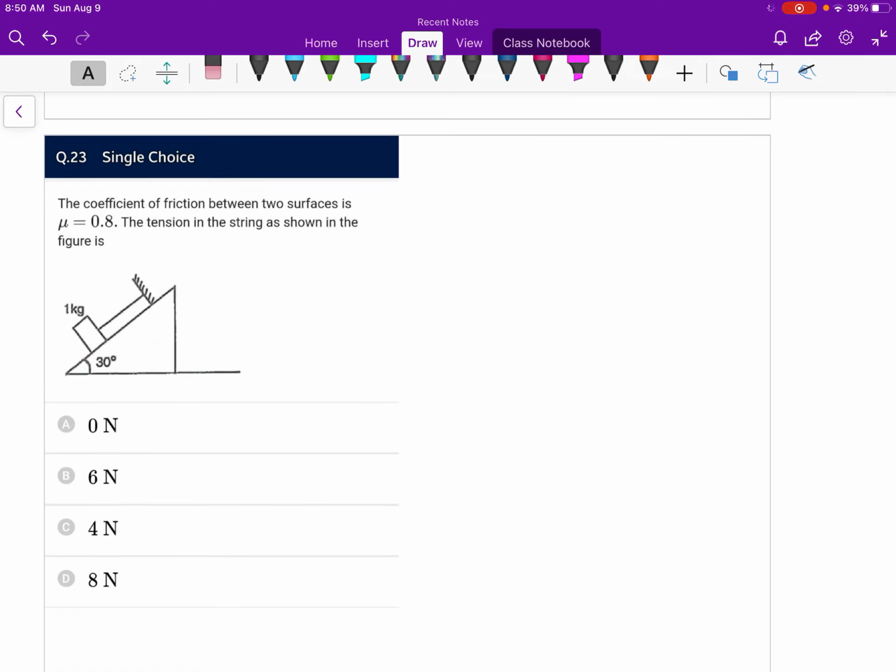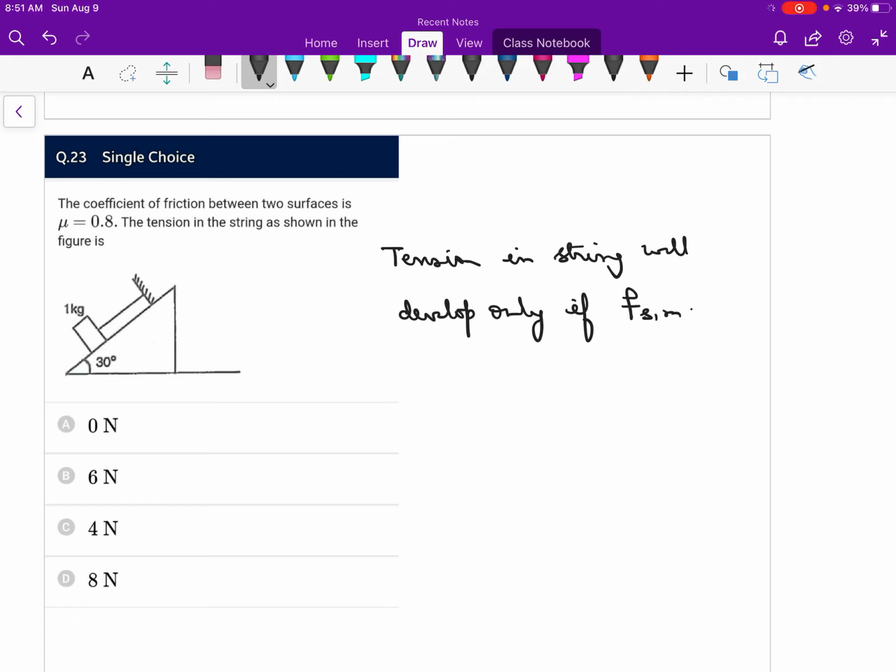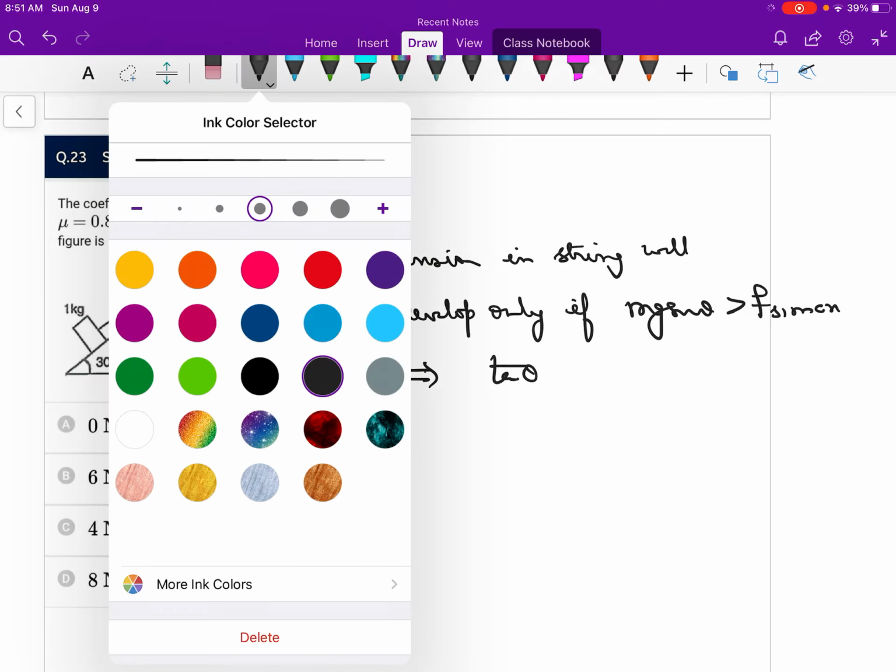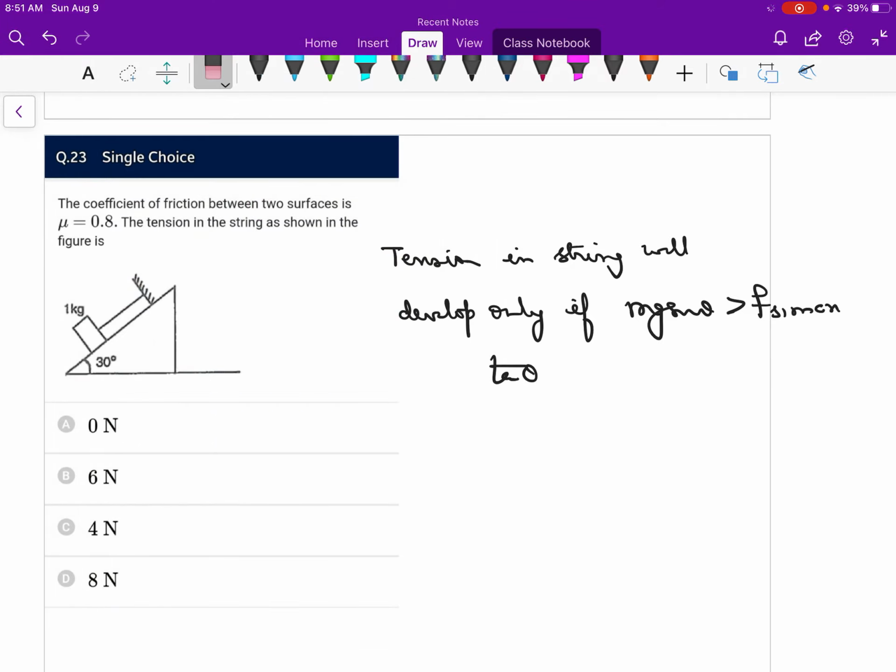The coefficient of friction between two surfaces is given, and we need the tension in the string. Tension in the string will develop only if the driving force mg sin theta is greater than Fs max, meaning tan theta is greater than mu s.